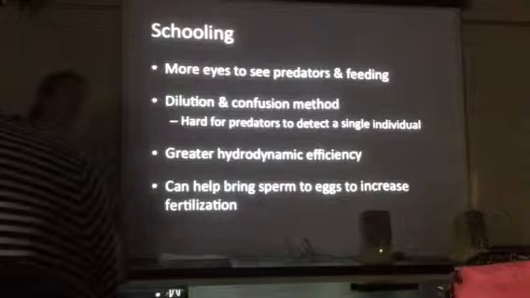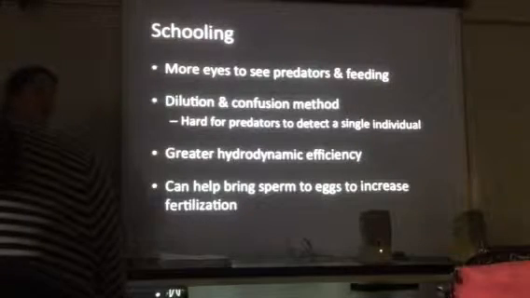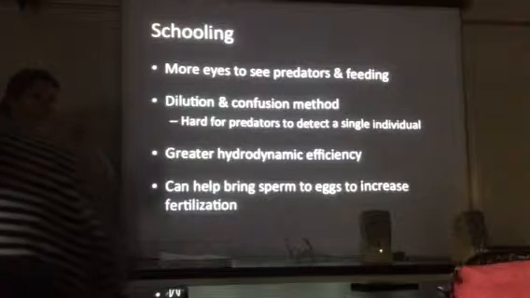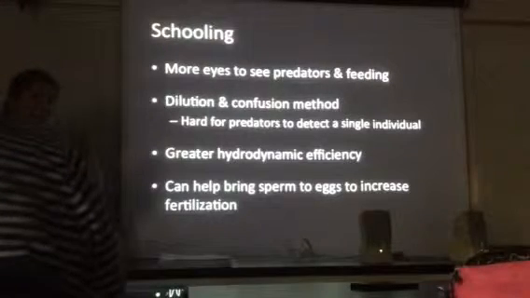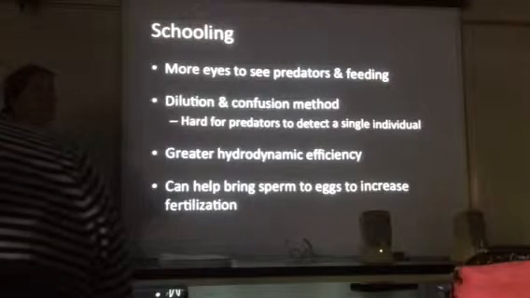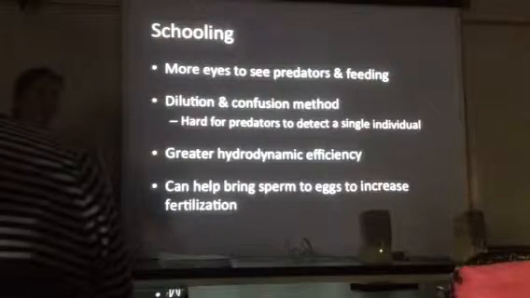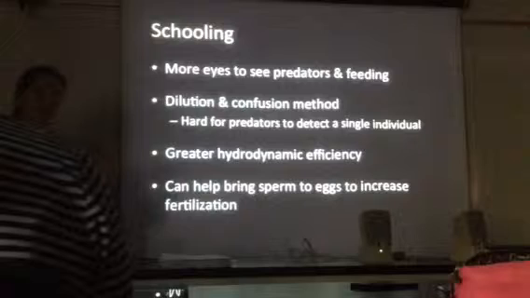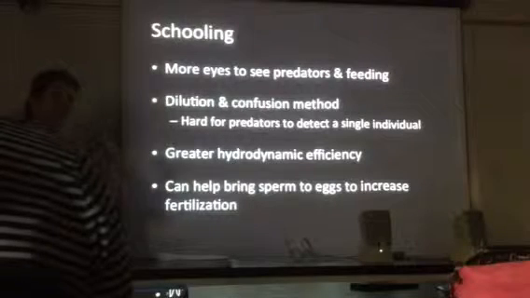There's a couple different ways in which that happens. Some of it is the little micro eddies that come off the body can reduce the drag on ones behind you. And there's also some data showing that a lot of fish are kind of slimy, they produce mucus, and some of that sloughs off and can make it easier to go through the water for other ones around you.